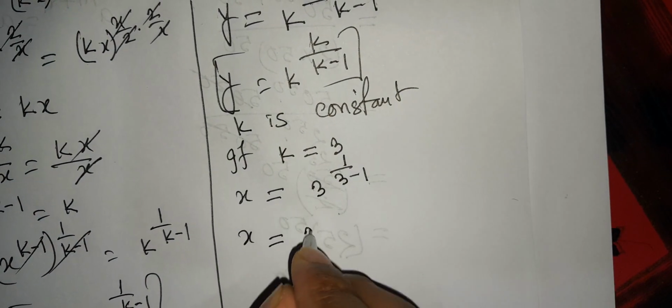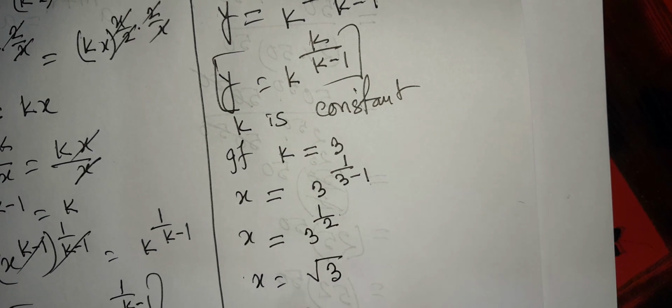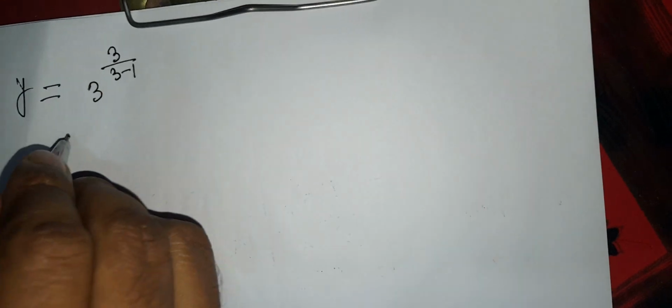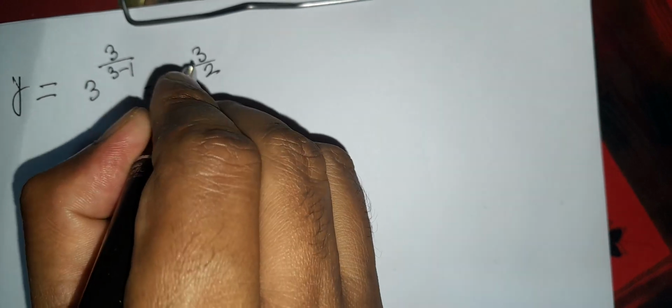So x equal to 3 to the power 1 by 2, or x equal to root 3, and y equal to 3 to the power 3 by 3 minus 1 equal to 3 to the power 3 by 2.